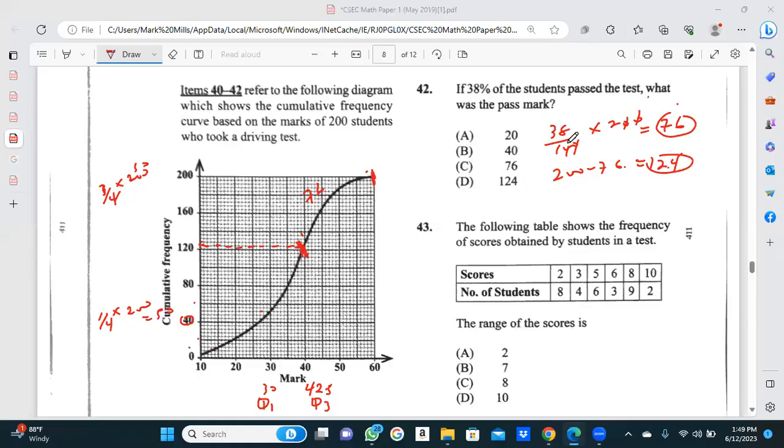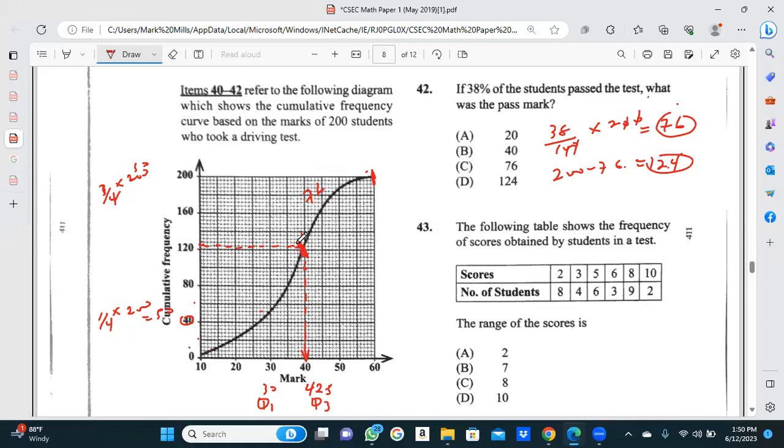So we say 38% of 200, we get 76. We say 200 minus 76, which gives me 124. So go to 124, we draw the broken line at 124. Then we go down and read the value. Then what do we get? 40. Everybody agree? Yes, sir. So that means the pass mark should be 40.